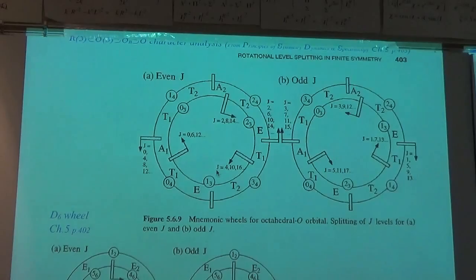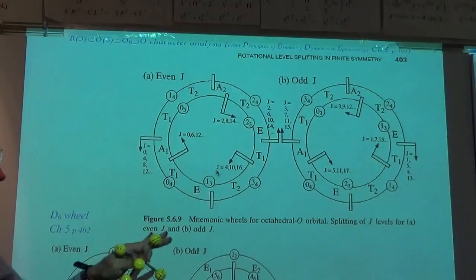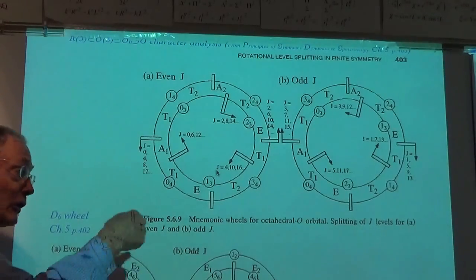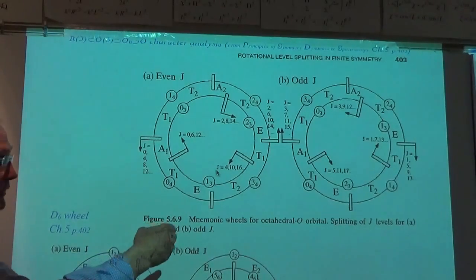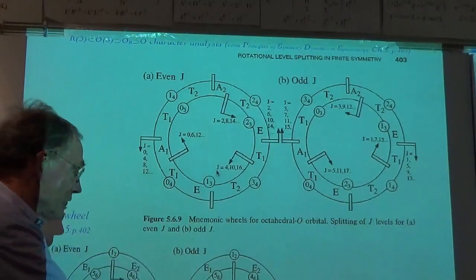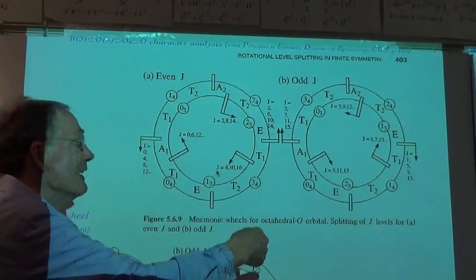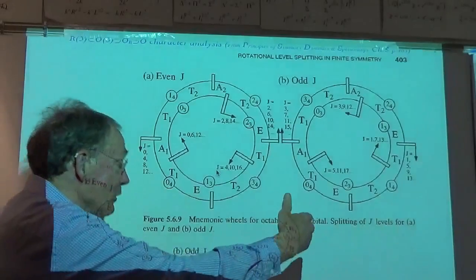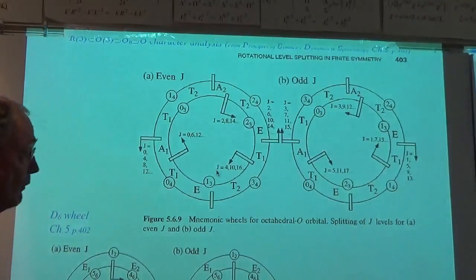This is a D6 wheel right here that's just going through the A1, E1, E2, E3, E4, then B1, that's a band, and then comes a gap, and then you start over again now with B2, and you count backwards. E something, in this case 2, 1, and then finally A2, and then you start the whole thing over.